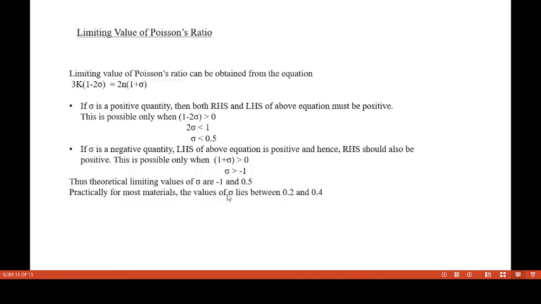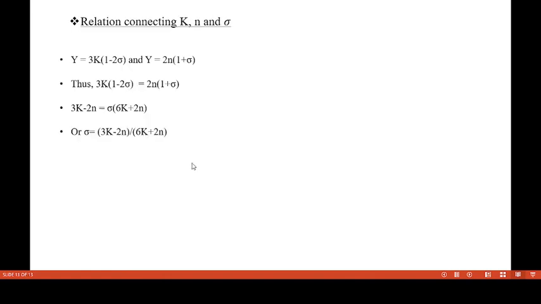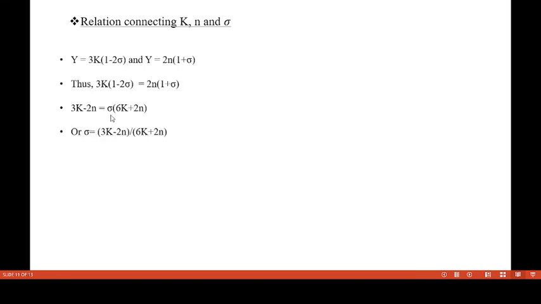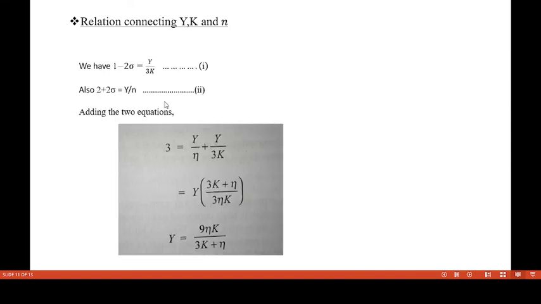Now the limiting value of Poisson's ratio can be calculated from this relation, 3K into 1 minus 2 sigma equals 2n times 1 plus sigma.